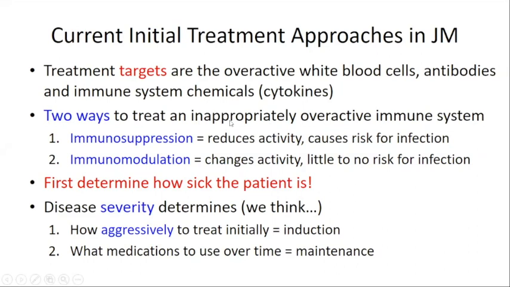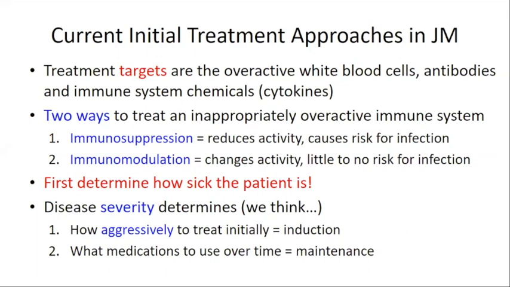There are two ways to treat an inappropriately overactive immune system. One is using medicines to suppress the immune system, called immunosuppression. Another way is to change the activity of the immune system without really suppressing it, and we call that immunomodulation.